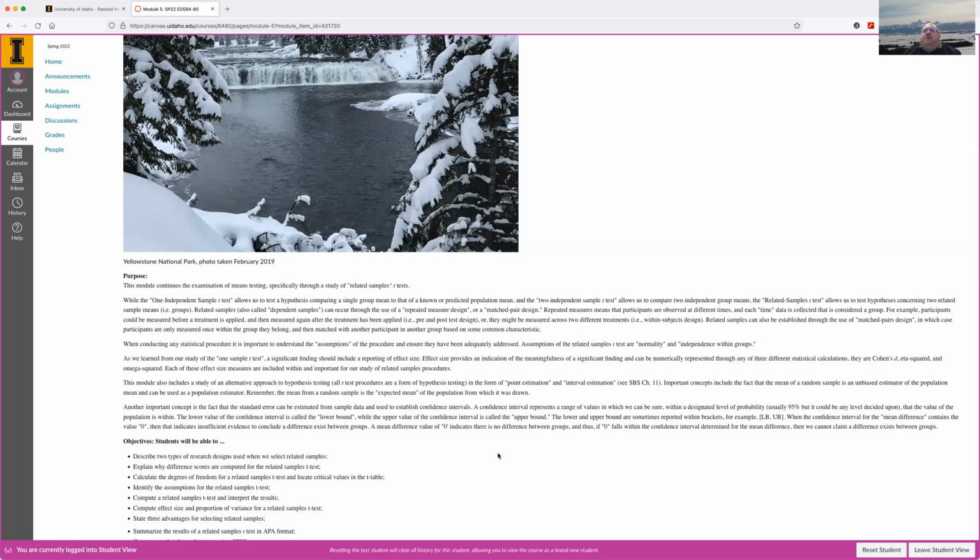This module also includes a study of an alternative approach to hypothesis testing. All t-test procedures are a form of hypothesis testing, in the form of point estimation and interval estimation, and this comes from chapter 11.